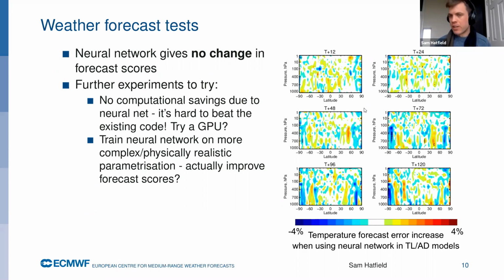And so if there's a modification to the nonlinear code, all you have to do, and of course, this is not quite as trivial as I'm presenting it, is retrain the nonlinear neural network, and you can then reuse those same hyperparameters in the tangent linear and the adjoint model automatically. The actual code doesn't have to change. So in principle, this technique could save a lot of manual labor. Yeah, for sure. At the European Centre, we actually have 2 full-time staff just for managing the tangent linear and adjoint models. So they're quite nasty things to deal with.